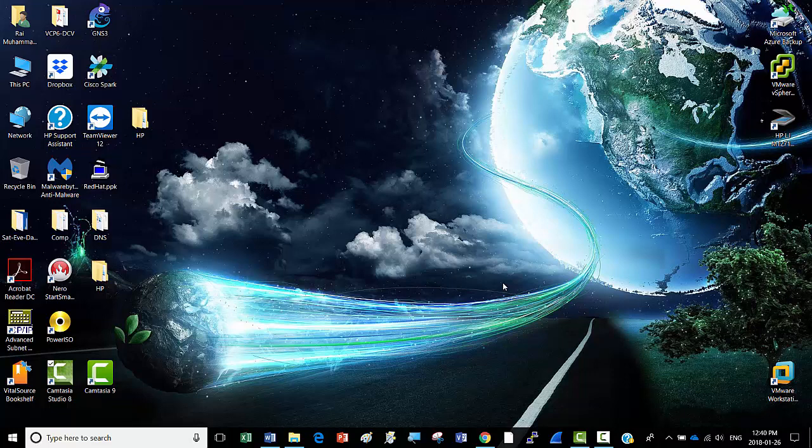Okay, so again we have 224 here, right? 3 bits we are borrowing. 32 minus 3, remaining bits are 5. 2 to the power of 5 is 32, minus 2 is 30. We are getting 30 IP addresses in each network, and 2 to the power of 3, 8 networks we are getting, right? We have done this exercise yesterday.